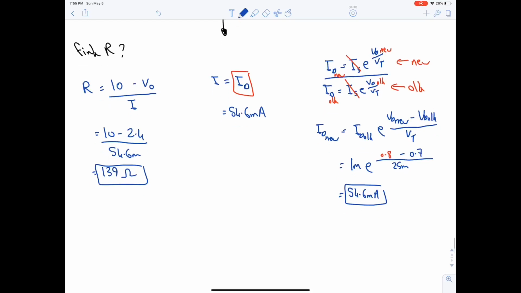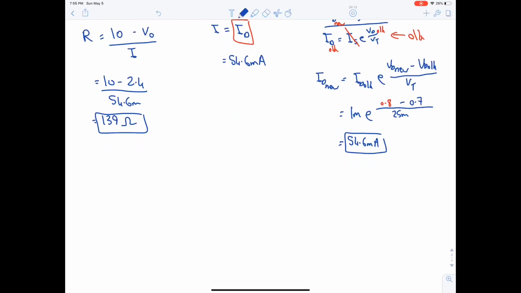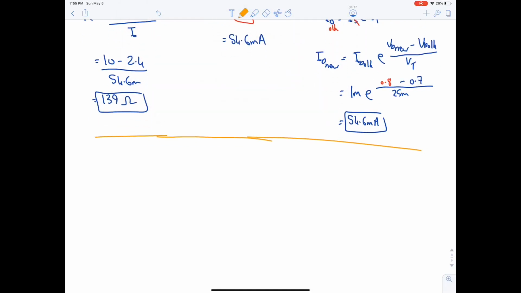Now, there are several ways to be provided with VD. The first way is to really not give you the VD. In that case it will be the default value. So here let's say not given, then VD is default 0.7. Or he will give it to you, and in the question it will say VD is equal to blah blah blah.